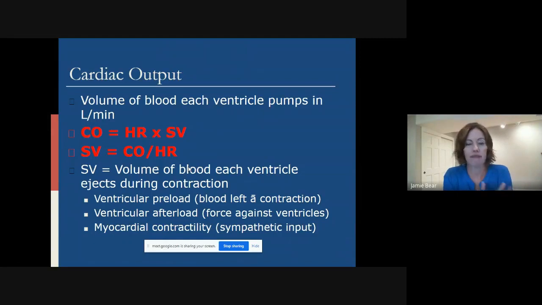So once again, this is a very important concept, and I keep stressing it. Minute ventilation is 4 liters per minute, and cardiac output is 5 liters per minute. We want a good balance there, because it's the respiratory system and the cardiac system together that provide oxygen to our body.